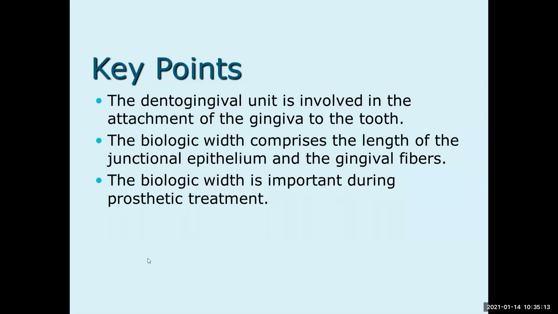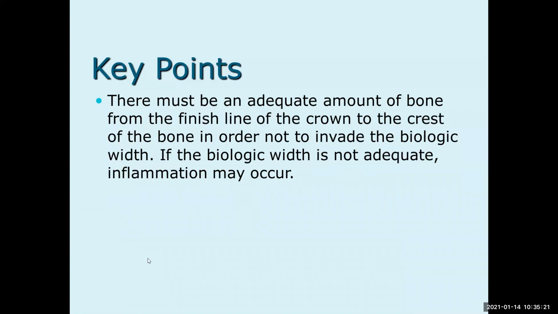So they need a good radiograph without a lot of vertical distortion, so they can measure where the margins are going to be. There must be an adequate amount of bone from the finish line to the crest of the bone in order to not invade that biological width. If the biological width is not adequate, inflammation is going to occur. And again, what is the hallmark for that biological width on a radiograph?